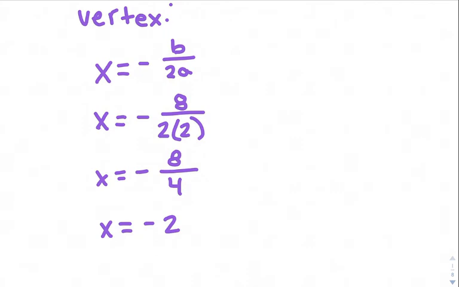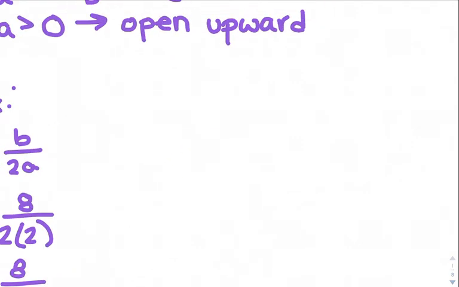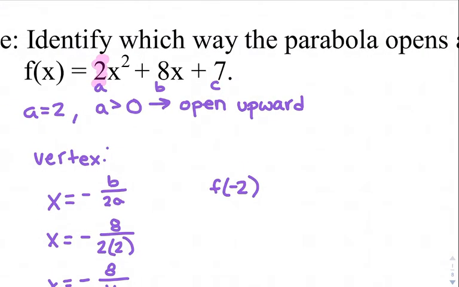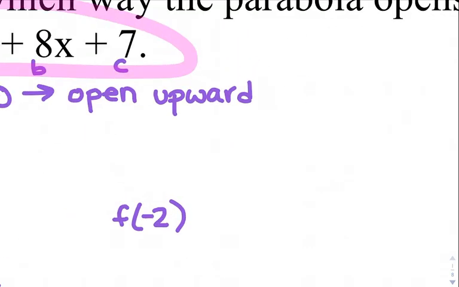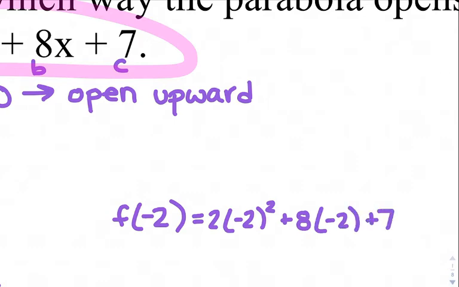Now step 2 says plug in whatever you get for x into the function. So here I'm going to do f of negative 2. I'm going to plug it into this function and see what my y coordinate is. So it's going to be 2 times negative 2 squared plus 8 times negative 2 plus 7.